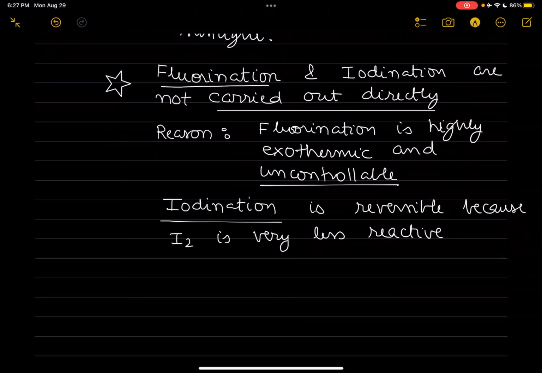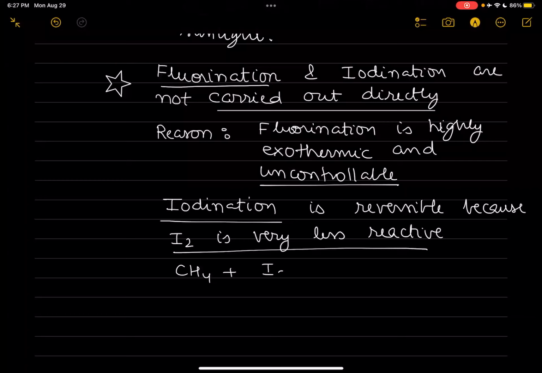Suppose if you take methane and you put iodine and sunlight, and you expect that CH3I and HI will form.